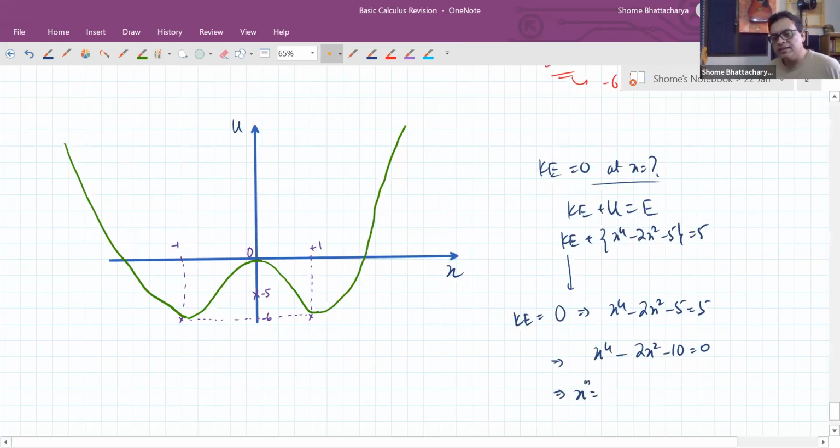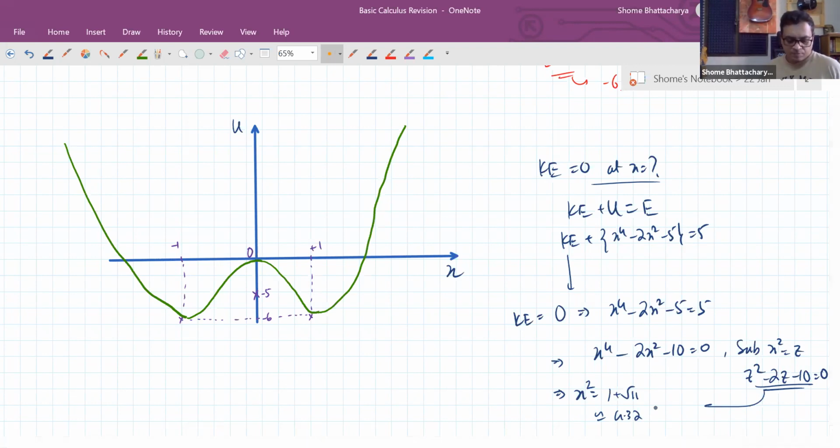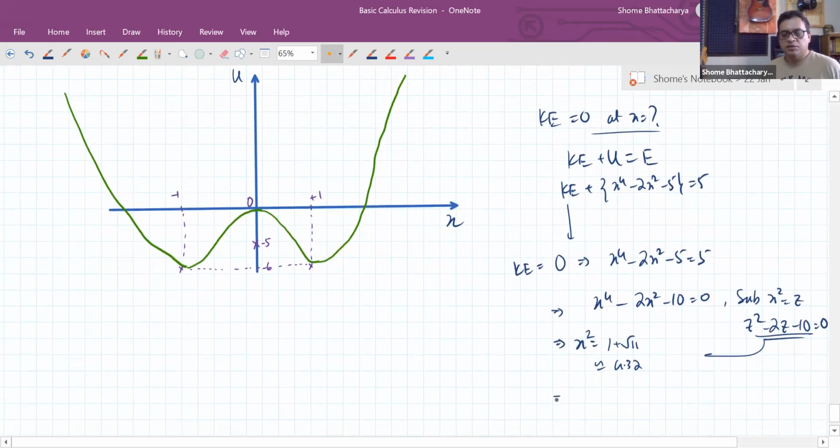Solving this like a quadratic equation, you substitute x square as some new variable z. So you have z square minus 2z minus 10 equals 0. You solve that and you'll get x square as 1 plus root 11, which means that x square will be approximately 4.32, which means that x will be approximately plus minus 2.07.